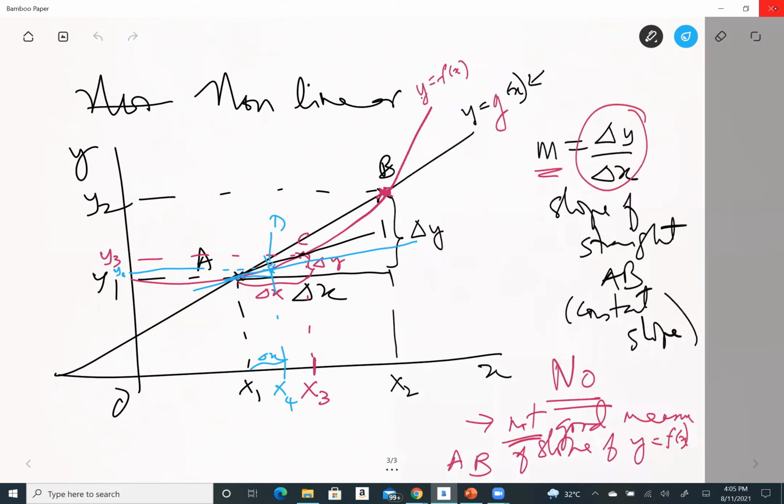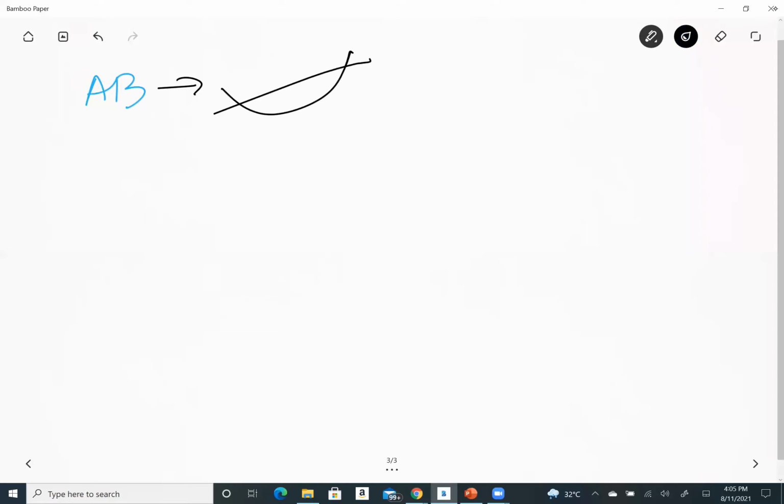If you look at the lines, what are they? If you look at AB, the straight line and the curve is very different, and they are far away from each other. Then look at AC.